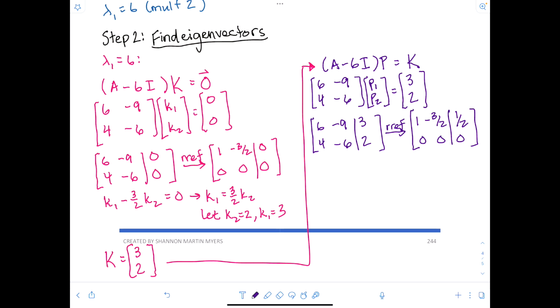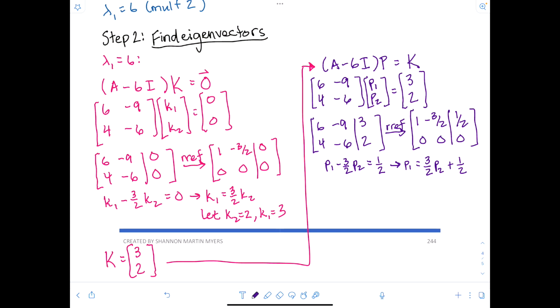So that's going to give us P1 minus 3 halves P2 is equal to 1 half, which gives us that P1 is equal to 3 halves P2 plus 1 half.